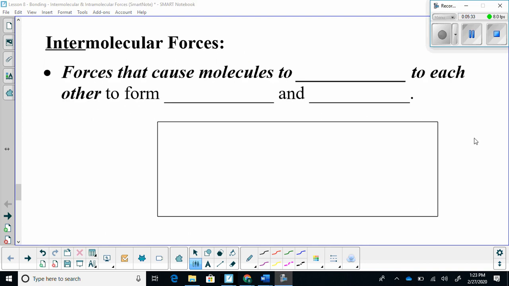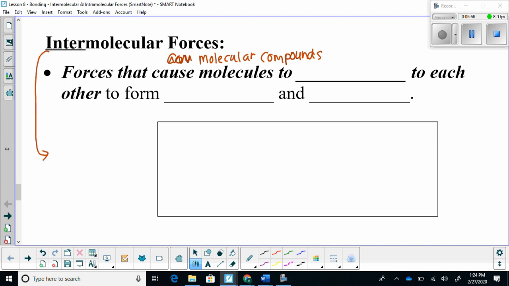Okay, let's move on to intermolecular forces, specifically in molecular compounds. Because it says intermolecular forces, think of it as an international connect, okay?